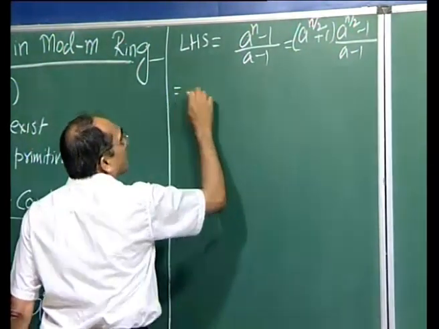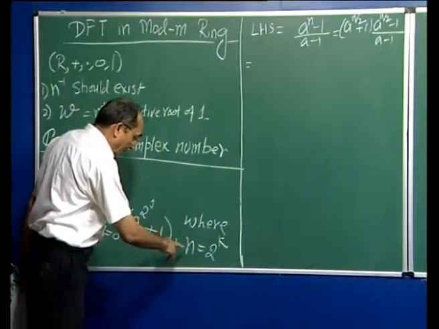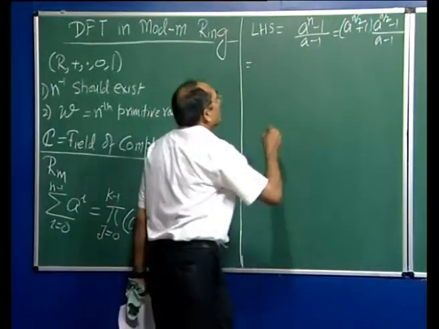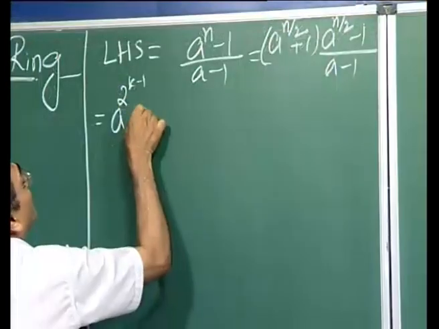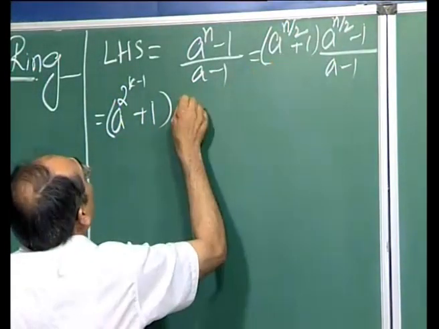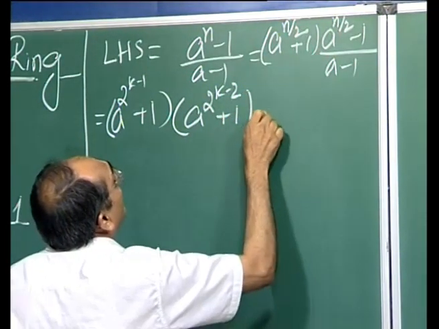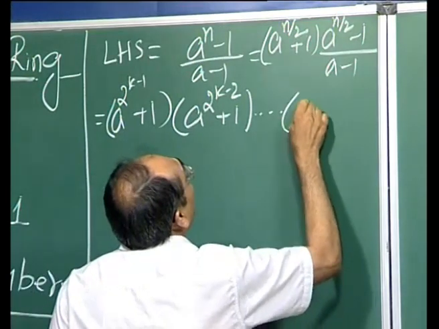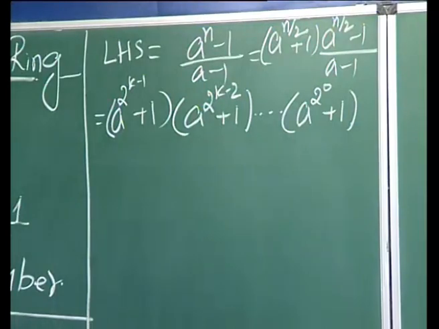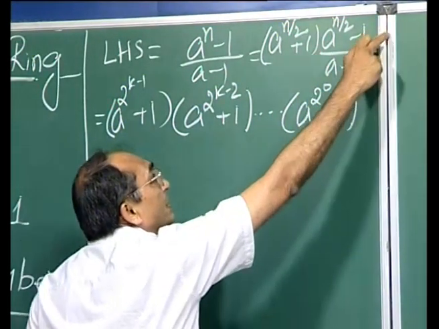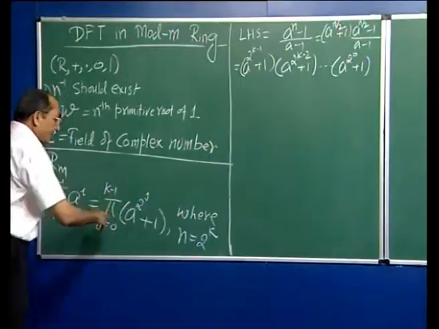This can be further broken down, assuming that n is a power of 2. So this is a to the power 2 to the power k minus 1 plus 1, the first term. Then we will have a to the power 2 to the power k minus 2 plus 1, all the way up to a to the power 2 to the power 0 plus 1, and you will be left with a minus 1 at the end, which will cancel the denominator. So this is precisely what the right hand side is.